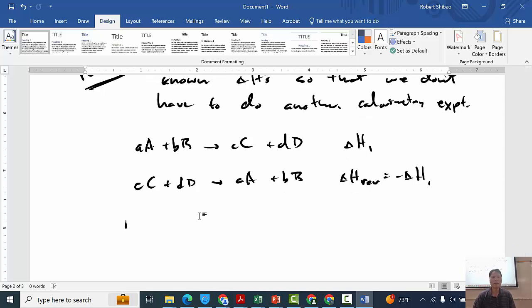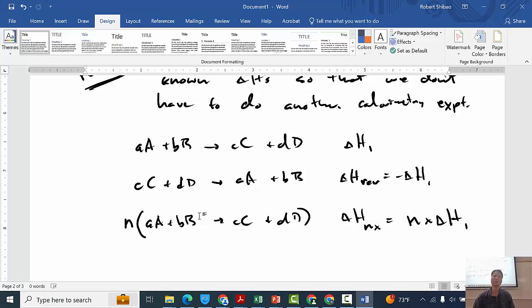If I multiply the reaction by N, so let's say I double it or triple it or cut it in half, then delta H of N times is just going to equal N times delta H of the original.